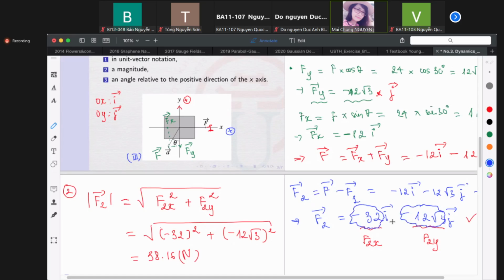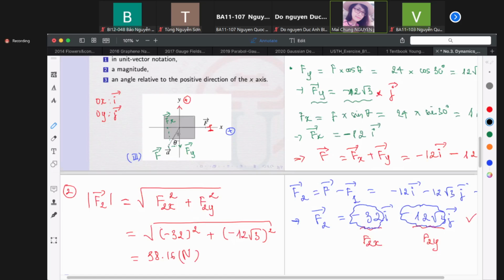So both values for the two components are negative, so that's why we know that F2 must belong to quadrant number 3. Hey guys, do you understand here?